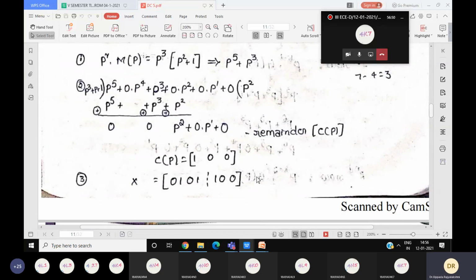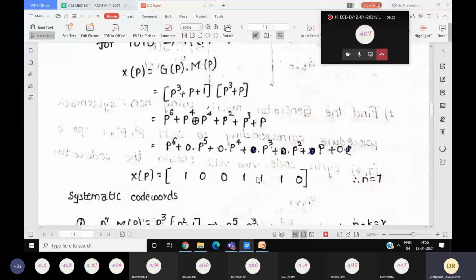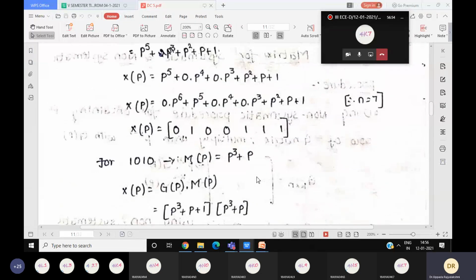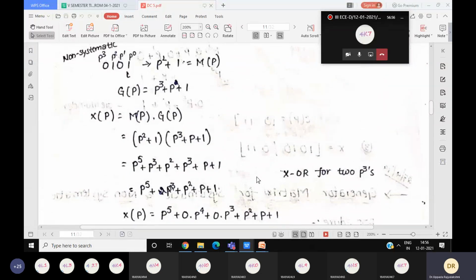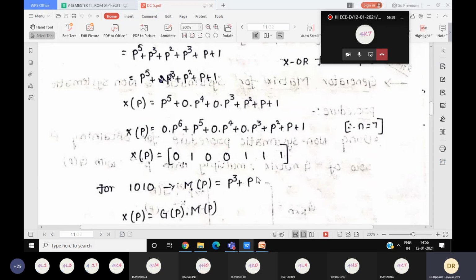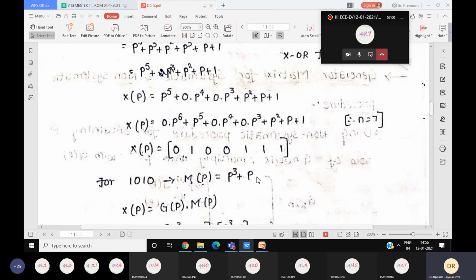Last semester a question came using the systematic and non-systematic procedures. But they did not mention the message polynomials, so we told them to take any 2 examples.